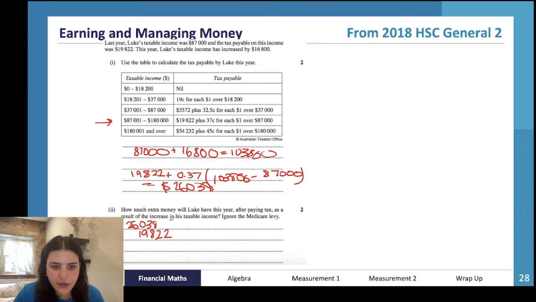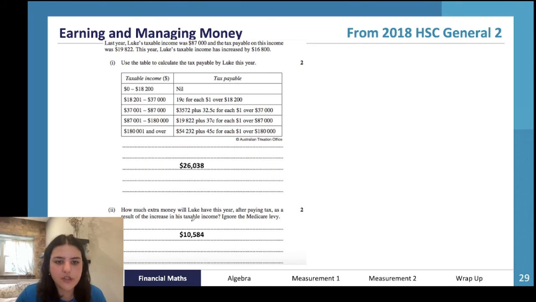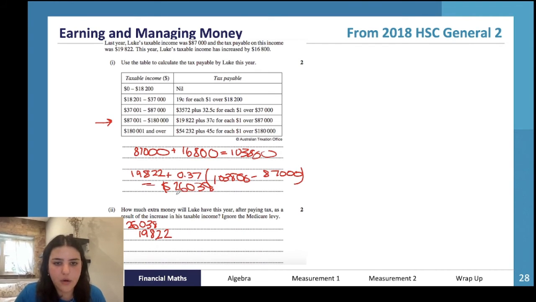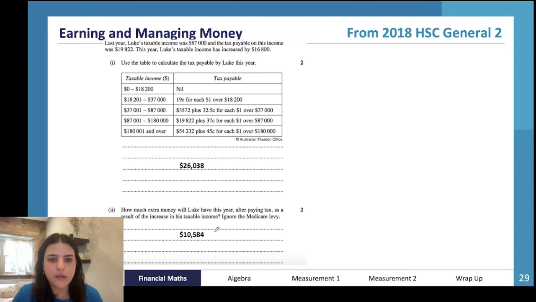So if we go paying tax as a result of the increase in his taxable income, we want to add that to his new income, 103,800. So we do 103,800 minus the tax we're actually paying, 26,038.